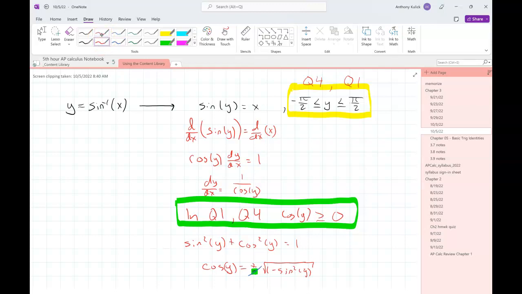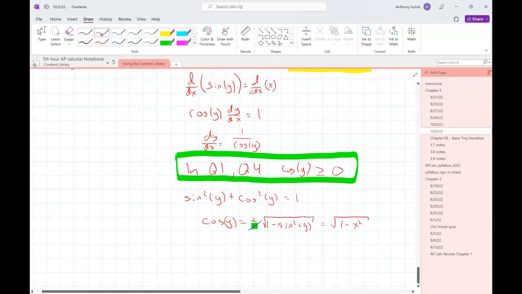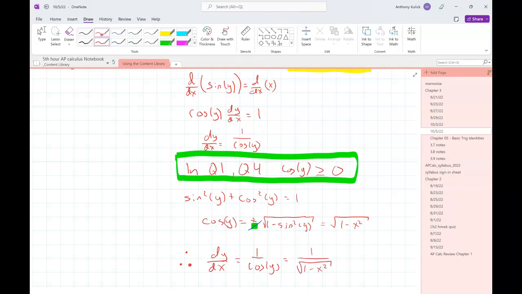And remind me again, sine of y squared then is going to be the same as x squared. And there's my finish.